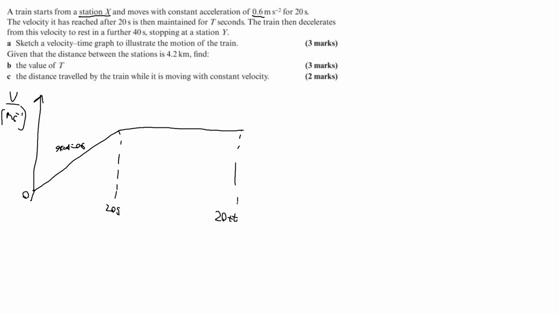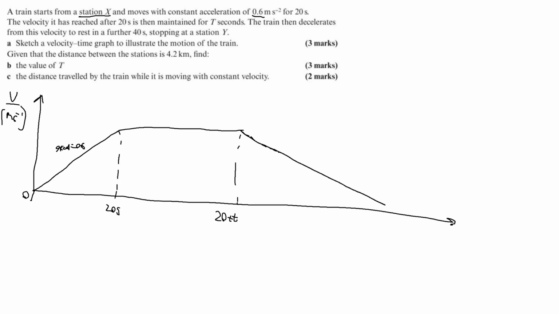Only this time, it's going to decelerate a further 40 seconds, so it's going to go something like this. And this is 20 plus 40 plus t, which is 60 plus t seconds. And that is what the graph should look like.